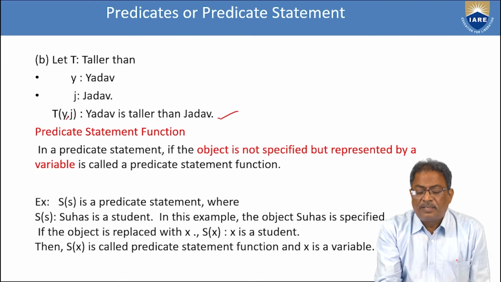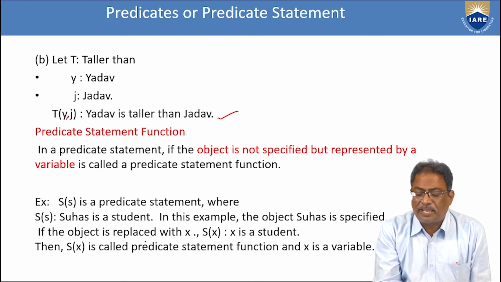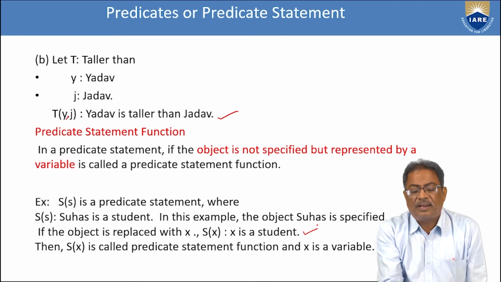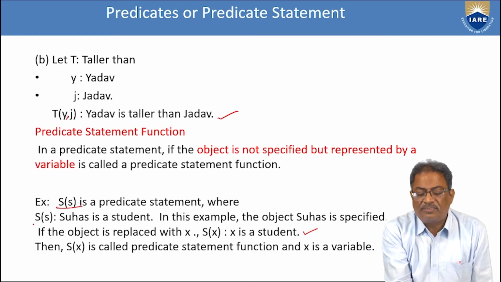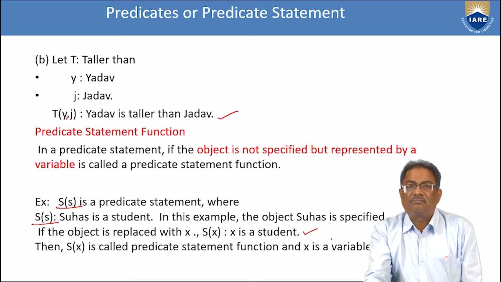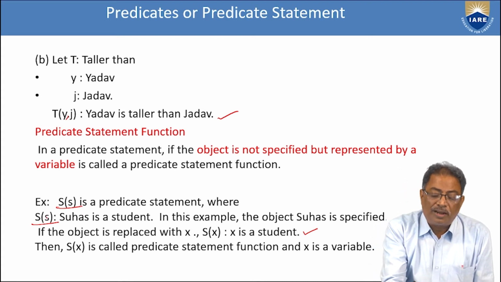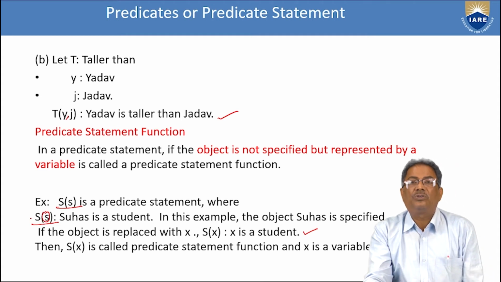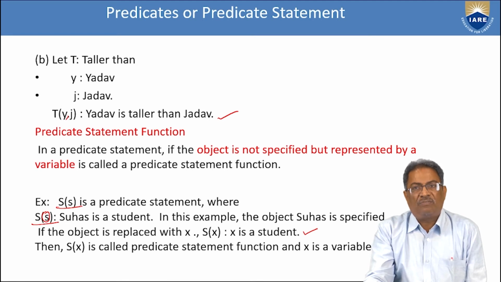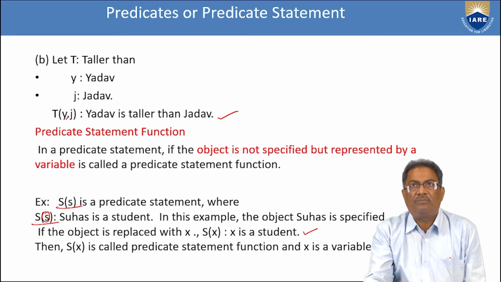So here, in this example, let us say S of x is a student. Earlier what we were saying is that S of s is nothing but Suhas is a student. Now we are going to replace Suhas, a particular object, with a generalized word or a variable, that is nothing but x.